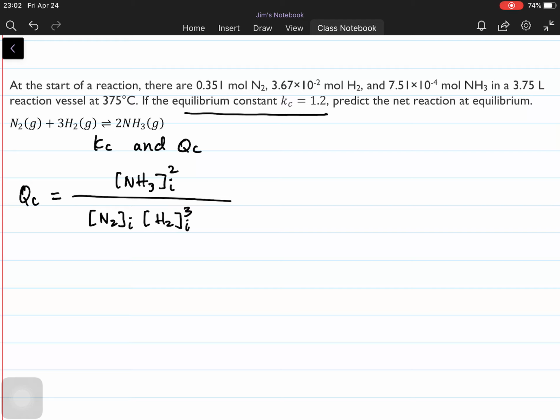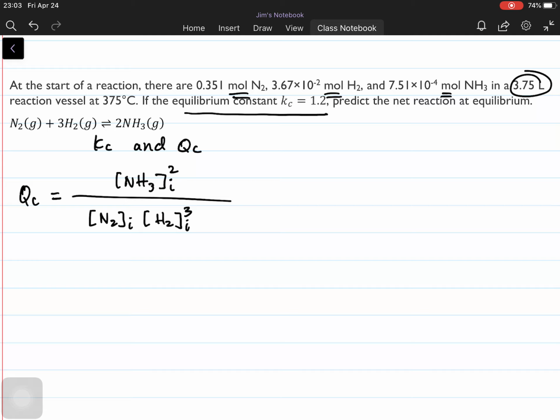Okay, so let's go back to the problem. The problem gives us the amount of the substance but in mole units. What we need is molar concentrations, not moles. So in order to solve for the concentration of the substances, we will divide the moles of our substance by the volume already given.